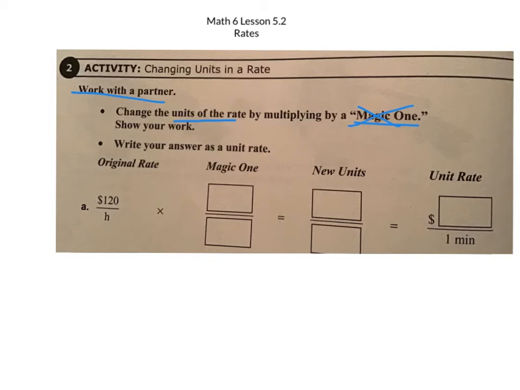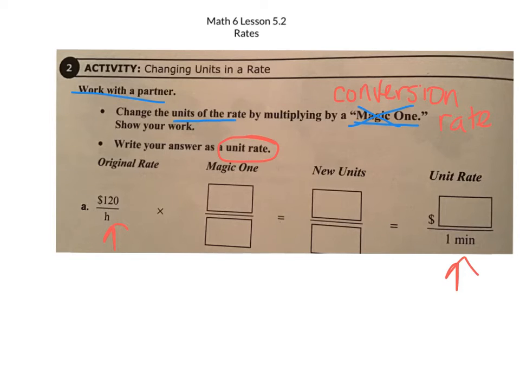I actually hate this phrase, and not for any superstitious reason, but you are changing the unit of rate by using a conversion rate. Okay, this is a much better phrase to use because that's what you're going to use when you get to 7th and 8th grade. So we're converting the original rate that they give you to the unit rate.